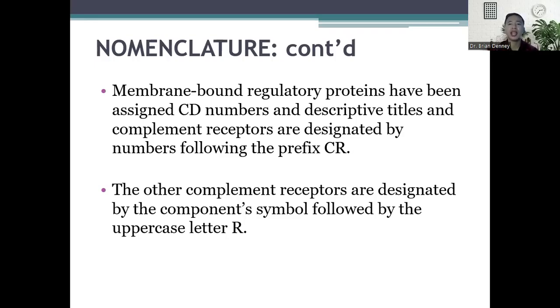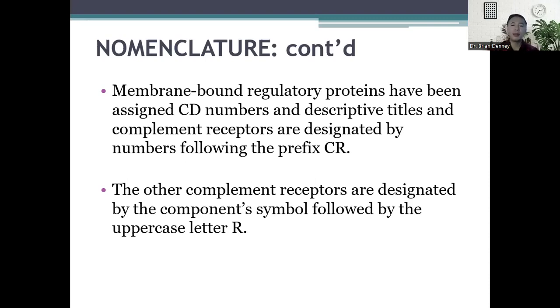What are the other names of regulatory proteins? Cell-bound complement proteins or cell surface complement proteins. What is its function? It regulates or inhibits the activation of your complement proteins.